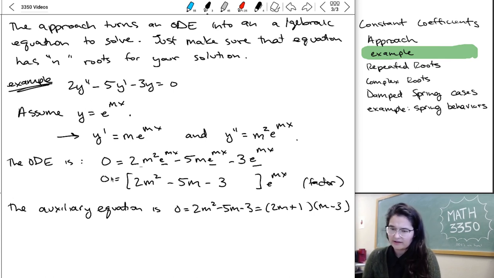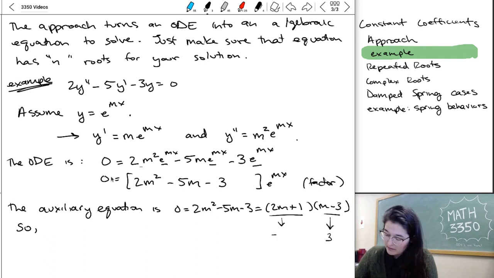And you could check that this works, but it matches my notes. So we're good. And in that case, if I want it to be equal to 0, then either of these two things could be equal to 0. So in this case, I would get 3, or in this case, I would get minus a half.